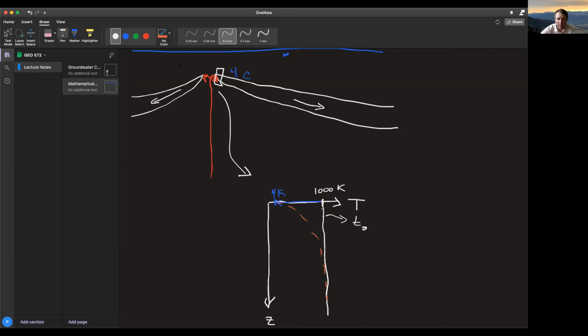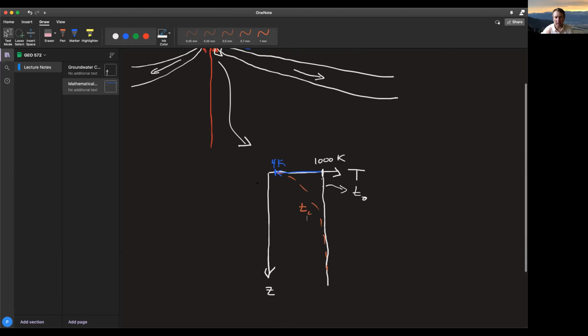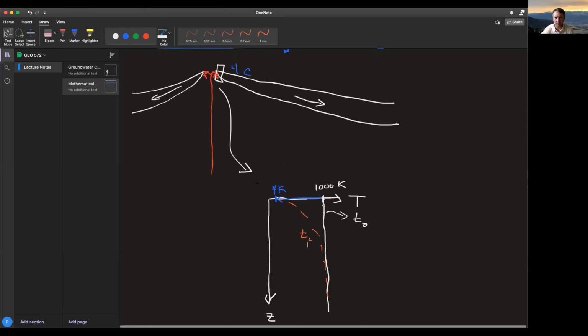And this is some time here, T sub I, sometime later. And I want to be able to predict what this temperature profile looks like in my basaltic crust, right? And so the process that we're going to do to be able to make this prediction is mathematical modeling. And to do that, we're going to solve a partial differential equation.